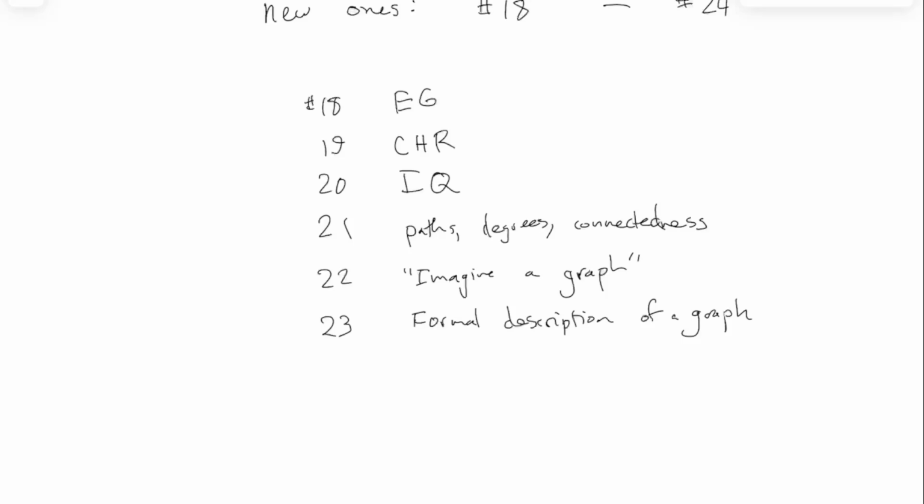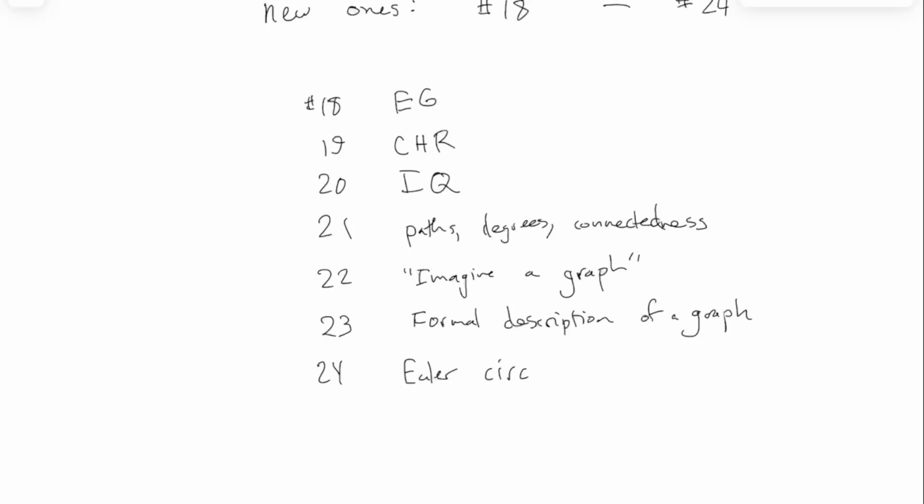And then number 24 is about Euler circuits and paths. So this did not appear on the homework because we just started talking about it yesterday, but I figure I might as well put one on the test. If you get it, then that's great. If not, as always, you can try it again next time.